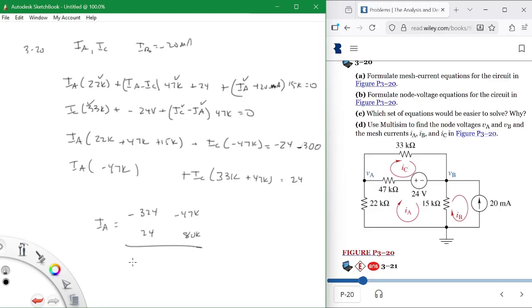The denominator is 22 plus 47 plus 15, 84K, minus 47K, minus 47K and 80K. All right, so you evaluate those and you're done. This times this minus this times this, over this times this minus this times this. Anybody want to crank through that and find my IA, what it is?